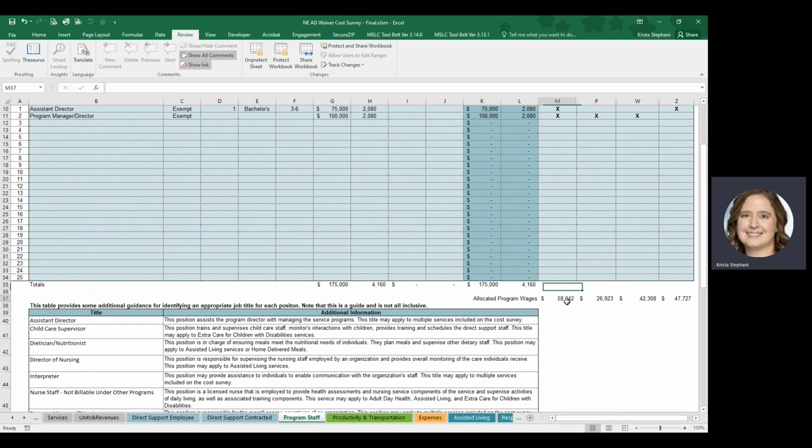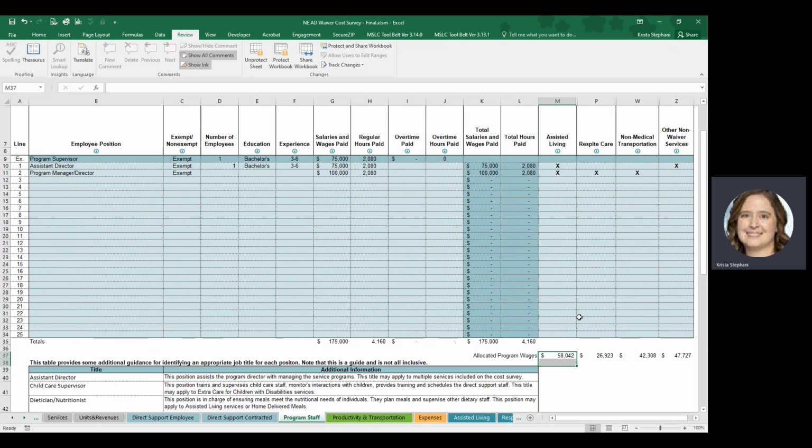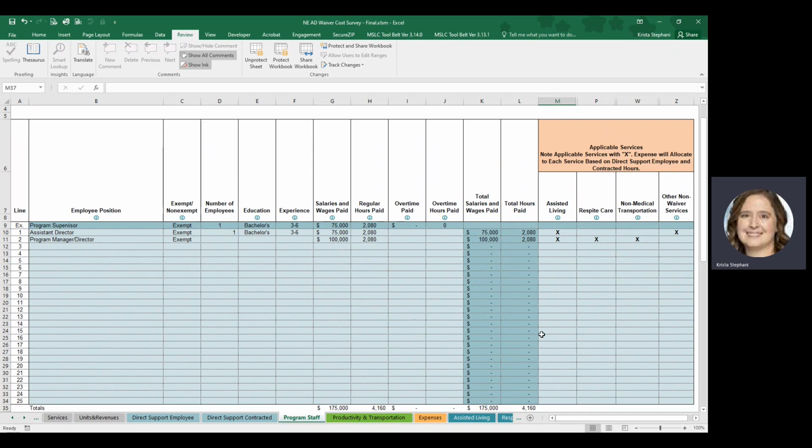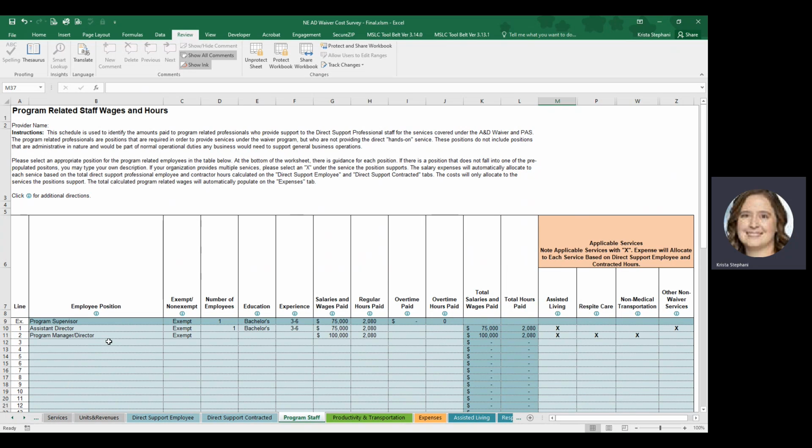So you can see down here, based on the combined hours of the direct support employee and direct support contracted, the total program wages related to the assistant director and program manager for assisted living are $58,000. And then it continues to calculate for each service. Now, please note you can select the I for more information related to the information being requested in that column.